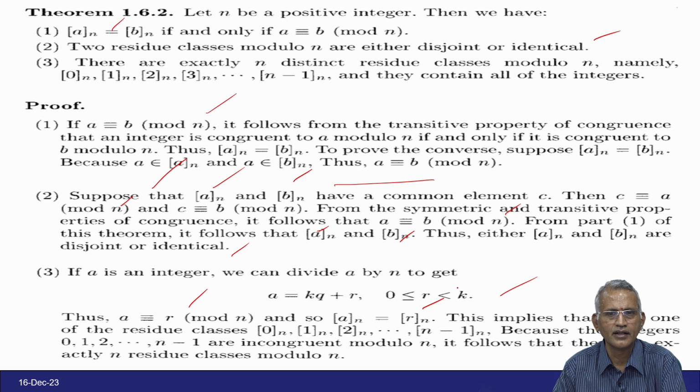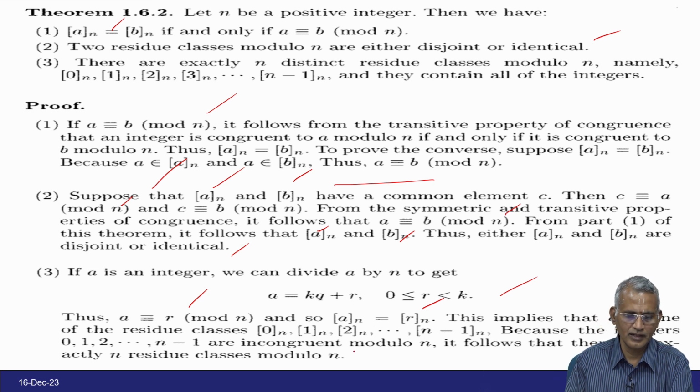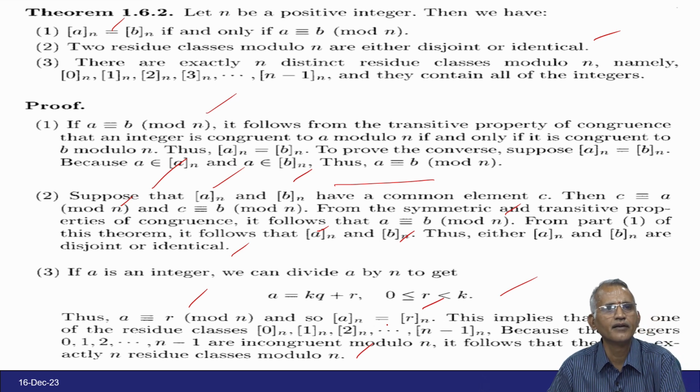This implies that the class of a is one of the residue classes 0, 1, 2, 3 and so on up to n minus 1, because the integers 0 to n minus 1 are incongruent under modulo n. It follows that there are exactly n residue classes modulo n. So, this way we can prove this theorem.